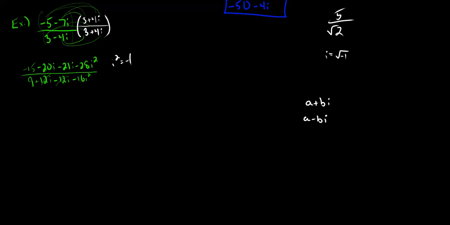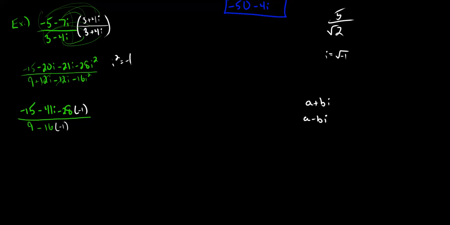Okay, so we go ahead and we continue to simplify. We get negative 15 minus 41i, and this would be minus 28 times i squared, which is negative 1, over 9, the 12i's cancel, minus 16 i squared, which is also negative 1.